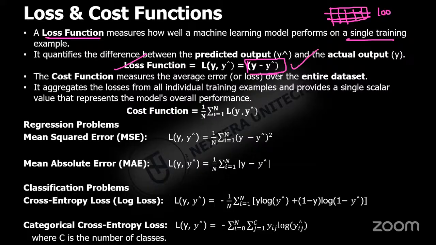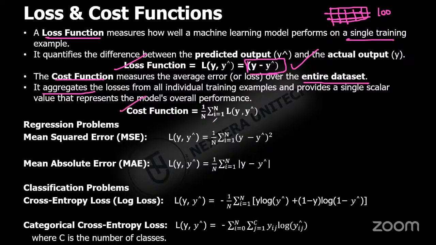Then what is called cost? Cost is the same but for the entire data set. If you are doing the same thing for the entire data set, it becomes cost. So in short, cost is nothing but aggregating the loss function values. If I pass the entire data set, I'll get the loss calculated for each and every row. When you aggregate all these loss values, you'll get cost.